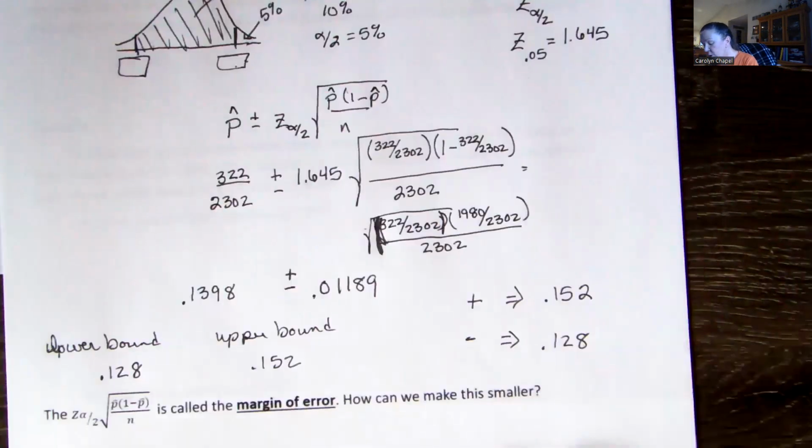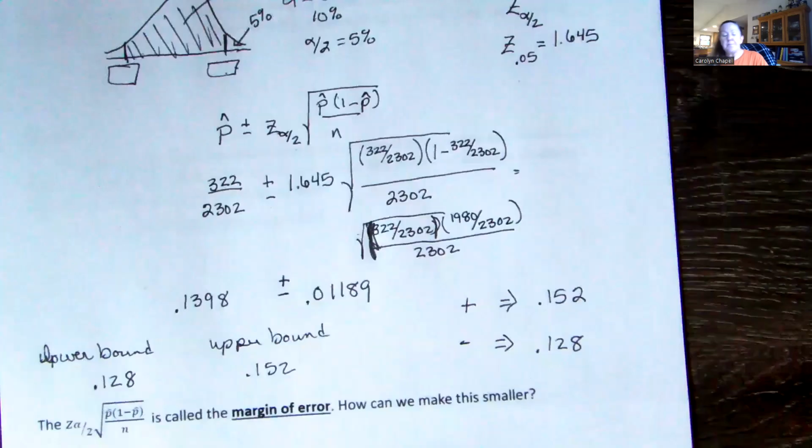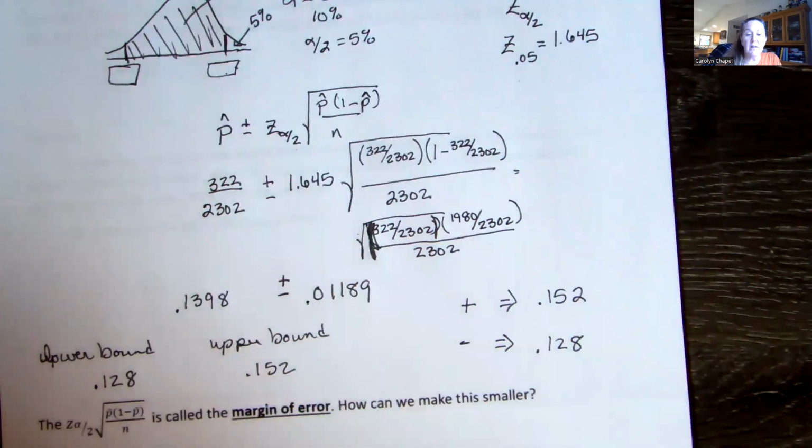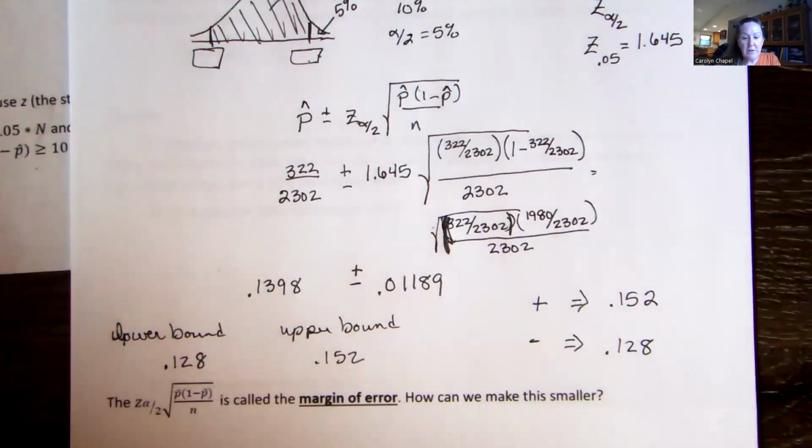Okay, I am going to go and show you how to do this in StatCrunch, so that we can do it a little bit faster, and we'll see that we do get the same values. So I'm going to switch screens here. And I tried to switch screens here. Okay, new share. And I want to go to StatCrunch.